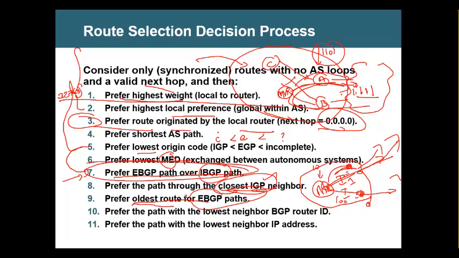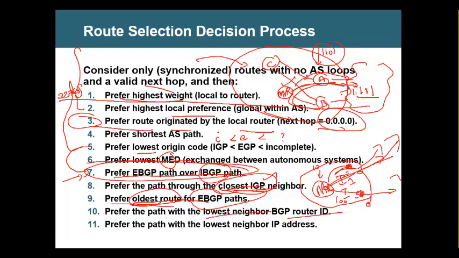Next, if there is a tie in this, which means both EBGP neighbors gave the route at the same milli, micro, nano second. Both EBGP neighbors gave the route at the same time. If one had given it 5 seconds earlier, I would have preferred that one. But both are given at the same time, it's an assumption. What if? Then it prefers the path whose router ID is lower.